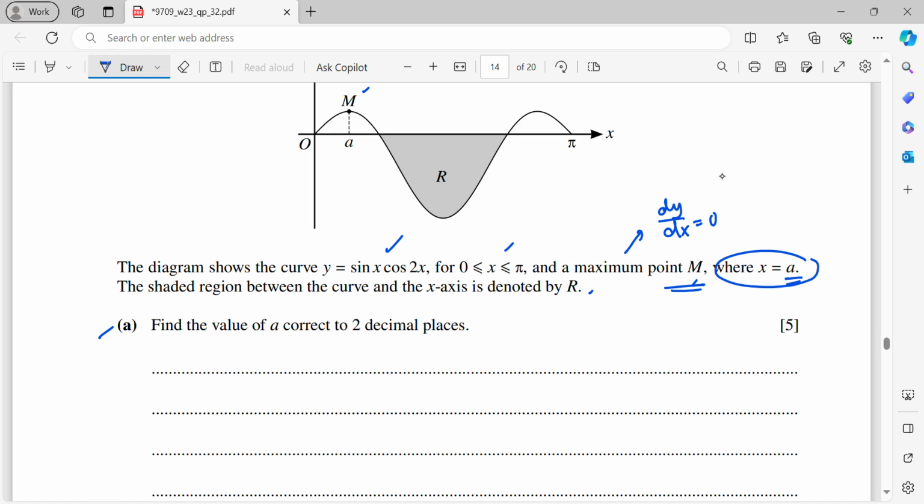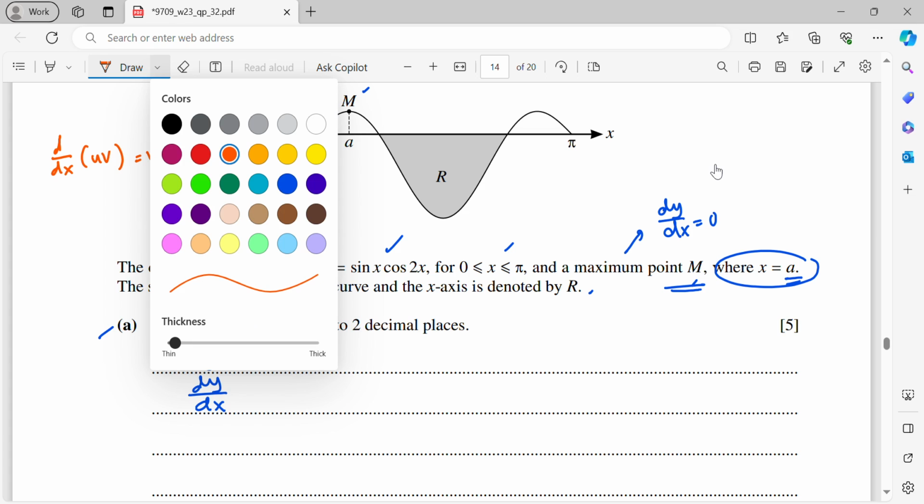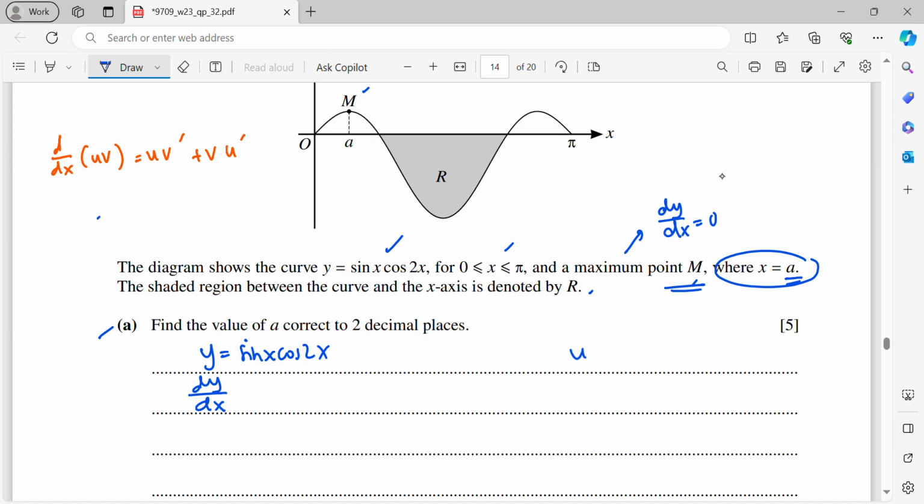Okay, so my y is sine x cos 2x. So my dy/dx, this is obviously the product rule. So d over dx of uv will be u v prime plus v u prime, product rule. So which means now here my u equals to sine x. So my u prime, differentiate sine x is cos x.